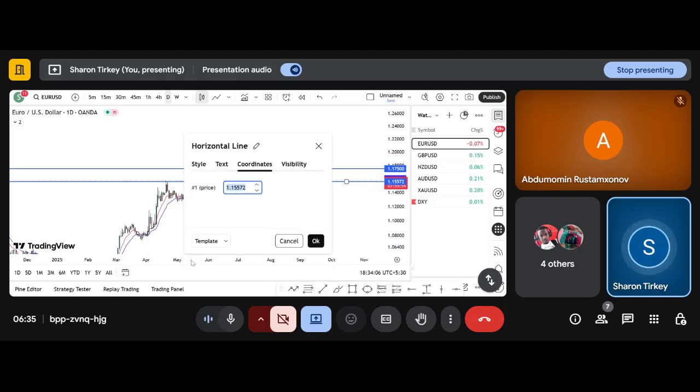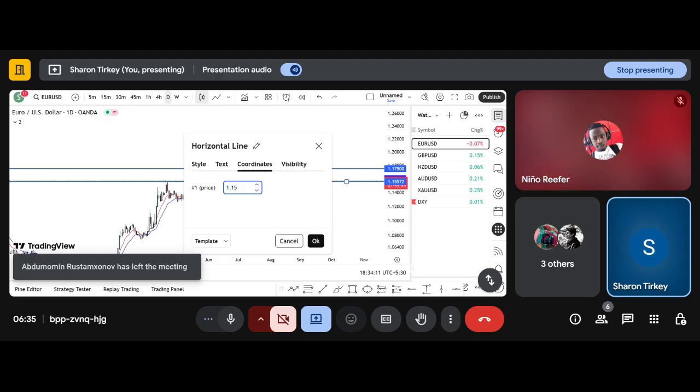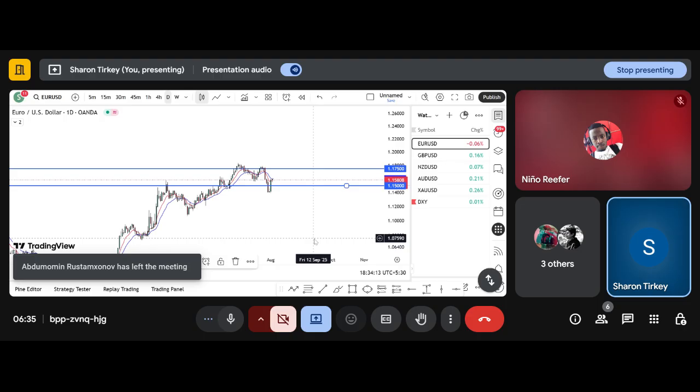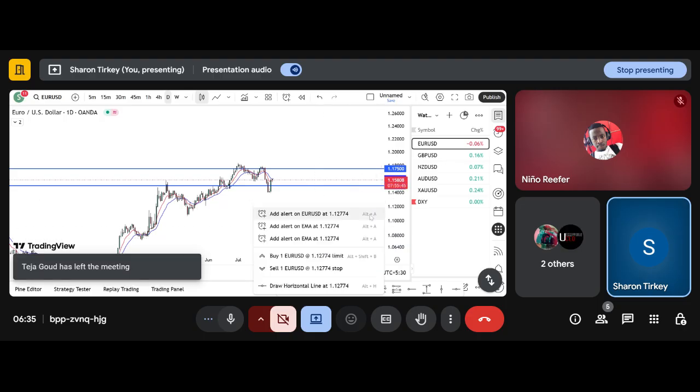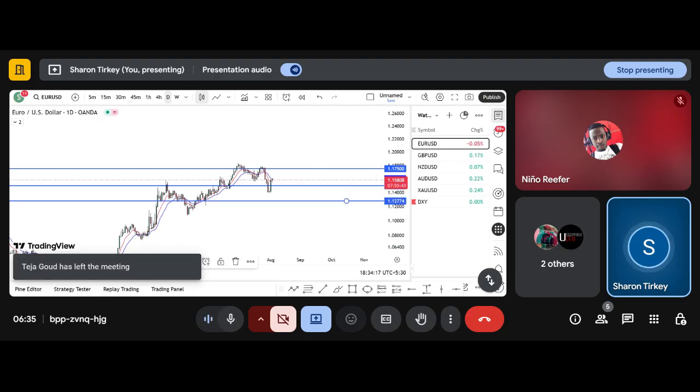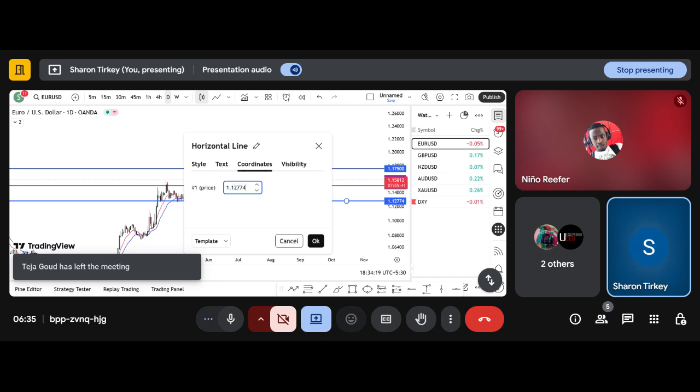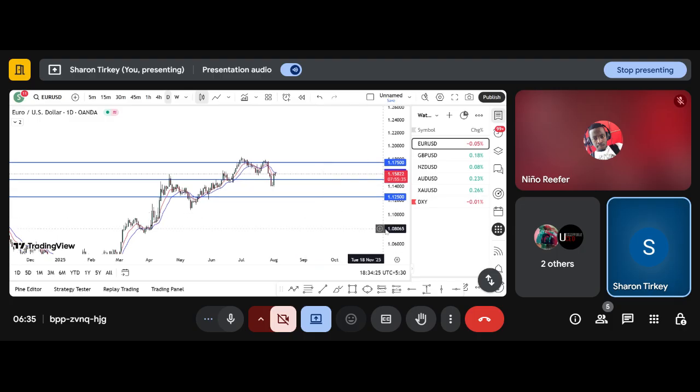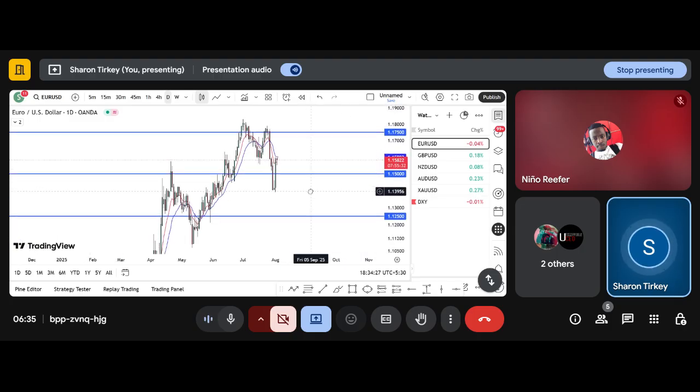It is very important: whenever you analyze, you definitely draw these levels. It is also called a psychological level. So here you see this is our support and resistance, these three lines where the price always retests.